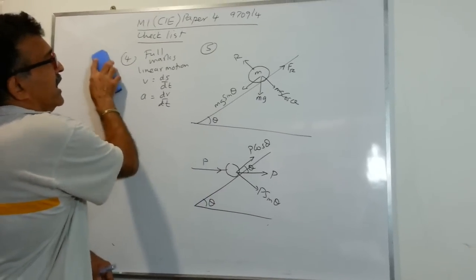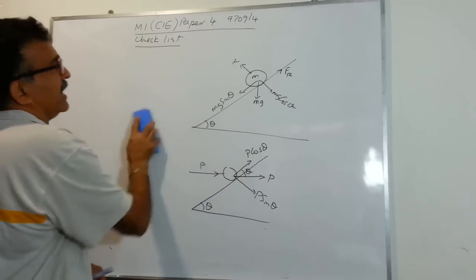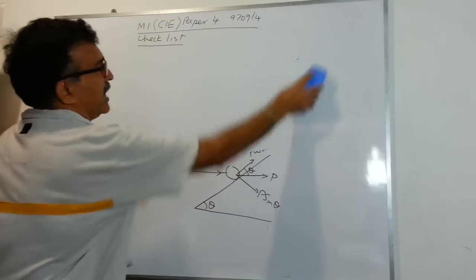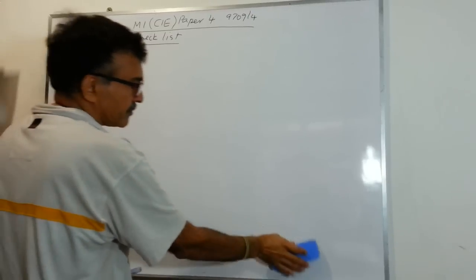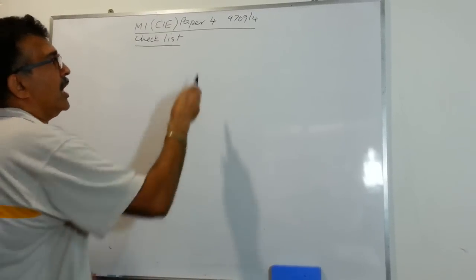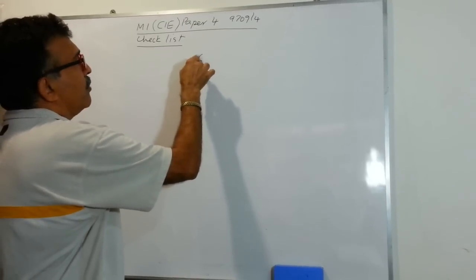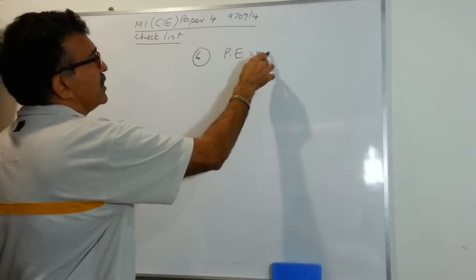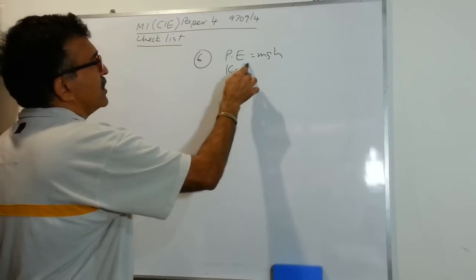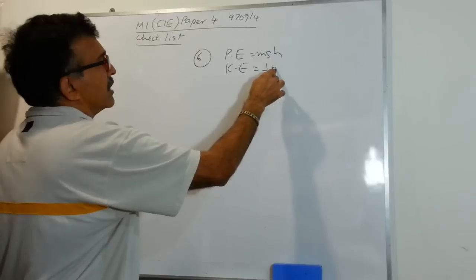Good. One more point, I always have some things to say about energy considerations. There will be one question involving energy considerations. Don't forget, we are looking at point number 6. The gravitational potential energy will be mgh. The kinetic energy will be half mv squared.